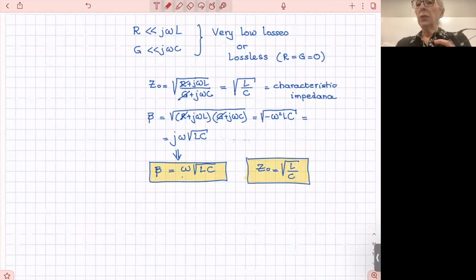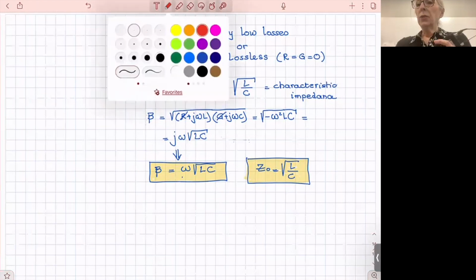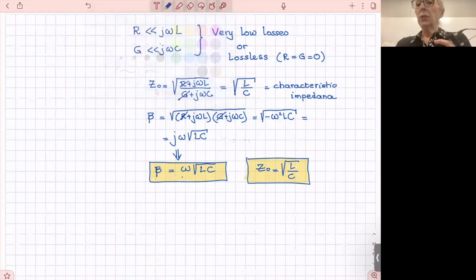Then R can be neglected, and G, which are dielectric losses, is much smaller than J omega C, so we can assume that those two go to 0. And then Z naught is only the square root of L over C. And that is the characteristic impedance, and it is in ohms.